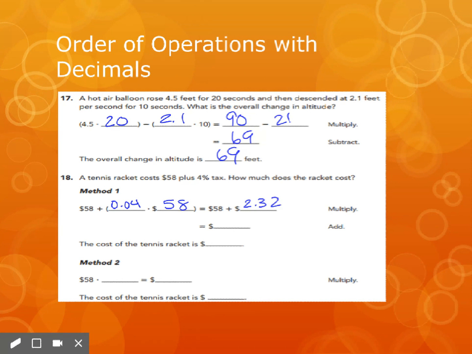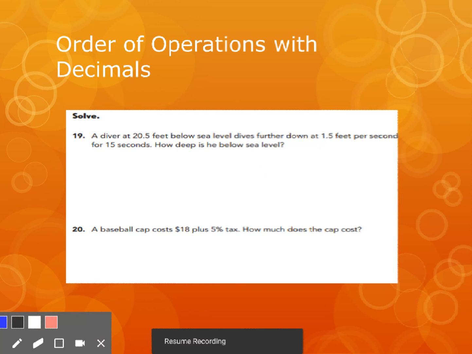And then you add it on, and you'd get $60.32. Or you can do method 2 and just multiply 58 times 1.04, and right away you get $60.32. Of course, either method works here, you get the same answer. So please try number 19 and 20 on your own and come back and check your work.